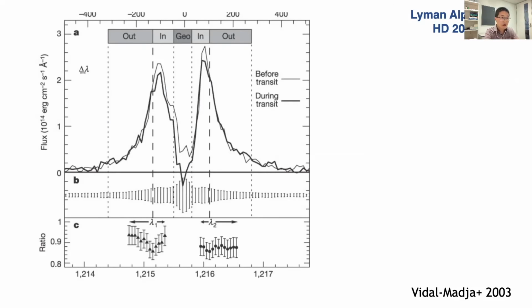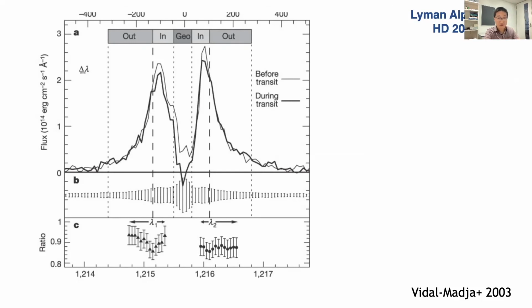Here's an example of the observation for HD 209458, the very first transiting hot Jupiter. This was the first example of atmospheric escape from any planet, from any exoplanet. The Lyman alpha line is a UV line at around 1,200 angstroms. Here's the line from the star, and it's subdued by an interstellar absorption line.